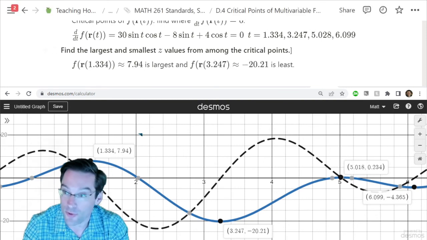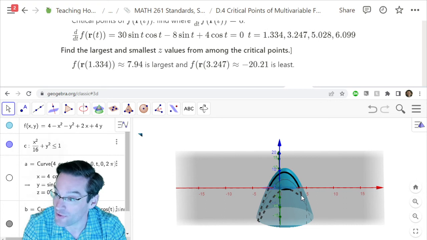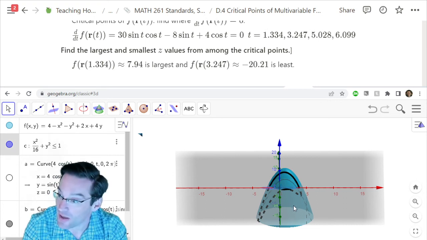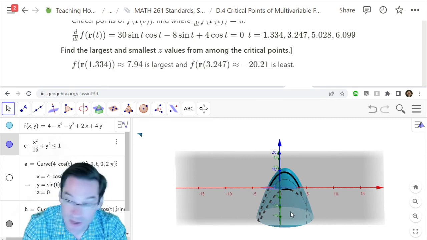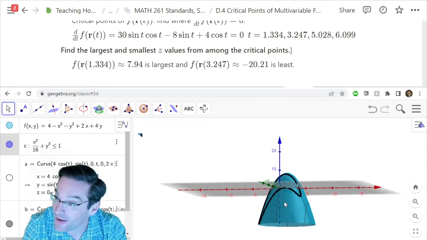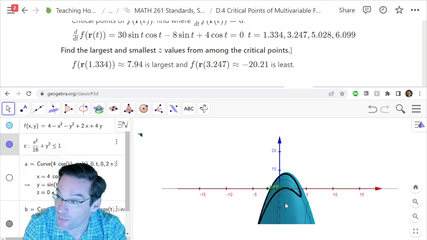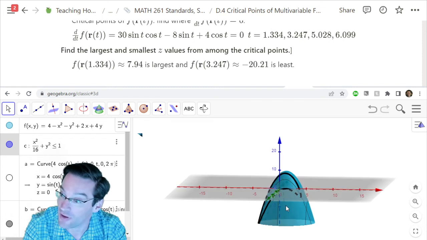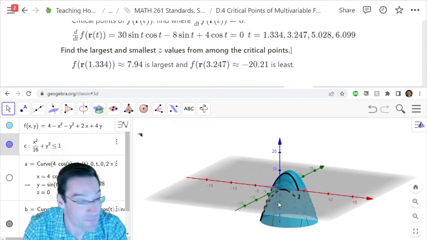And so those would be the global maximum and minimum values for this function on the domain in question. And we can kind of see on this graph that the minimum point having a y value of about negative 20 seems about right. It's pretty far down on that z-axis. And the largest value being about 7.94 also appears to line up with where the top of that swoosh shape that we drew on the surface lines up.